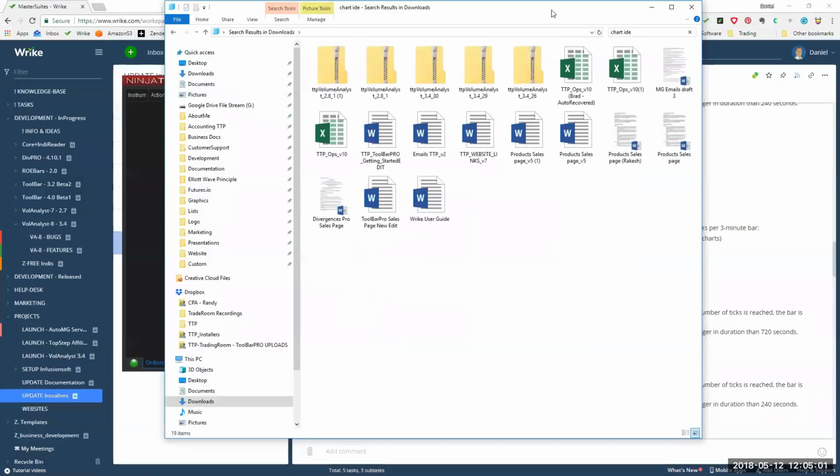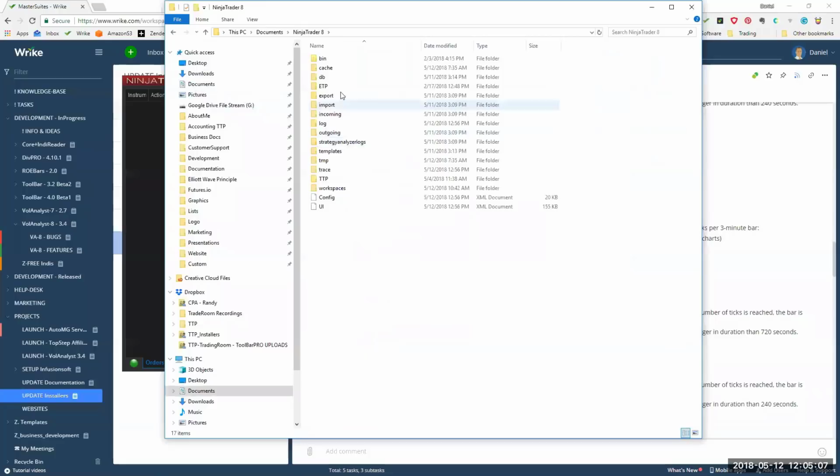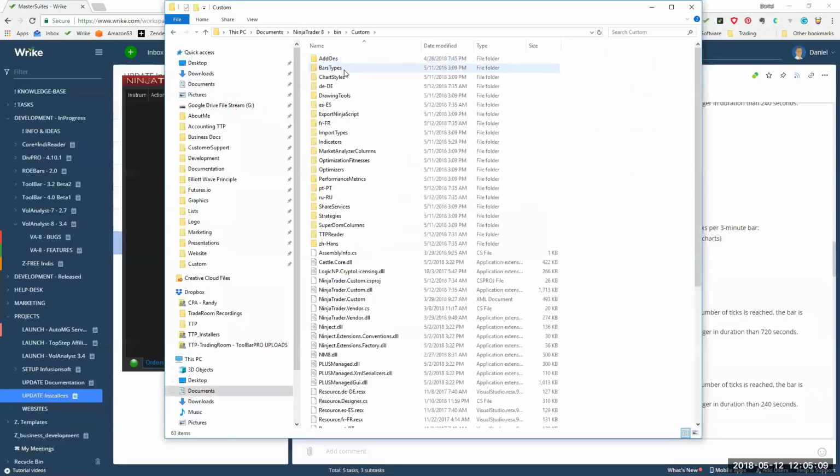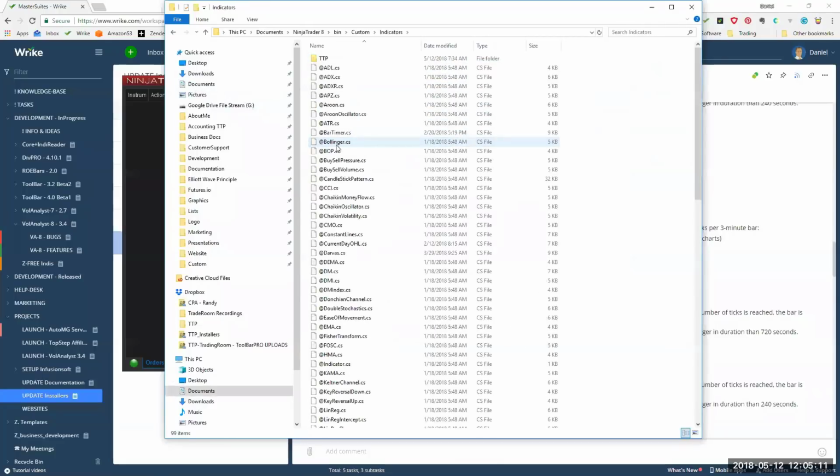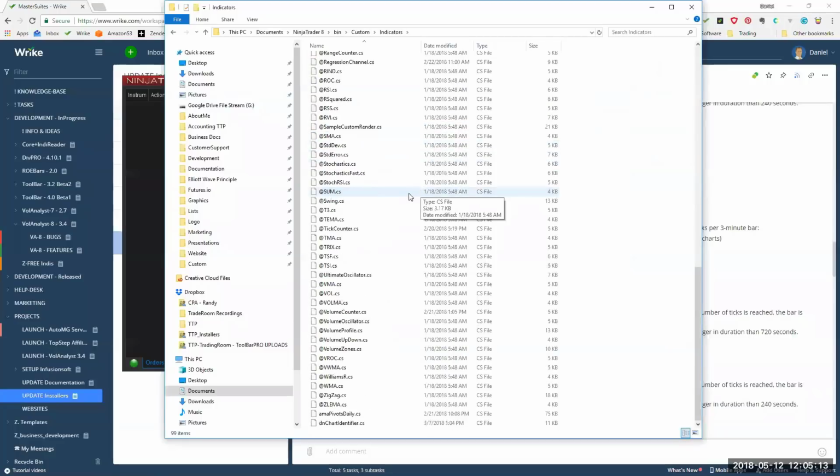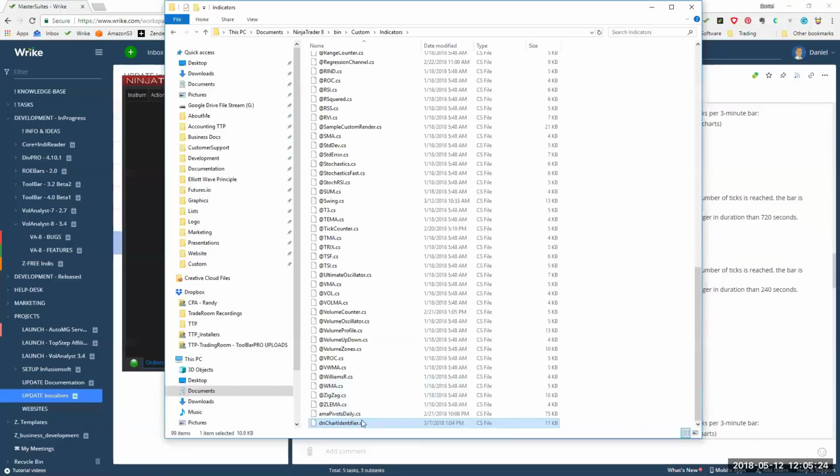I must have already deleted it. Yeah, this is it right here. So if you know how to import this or compile, let me see if I can.